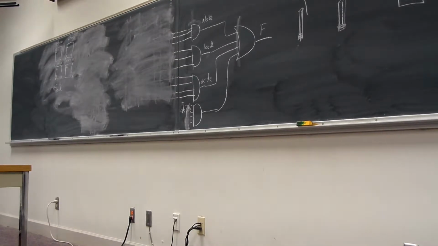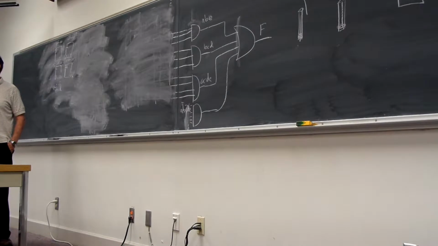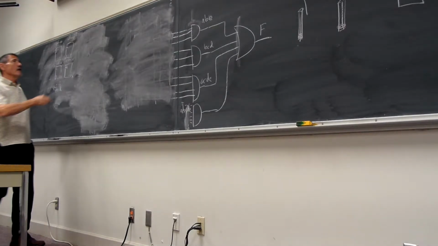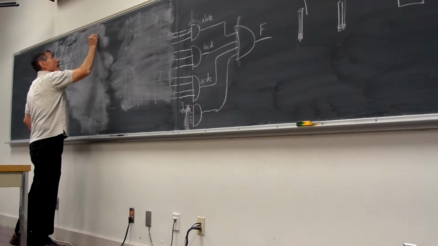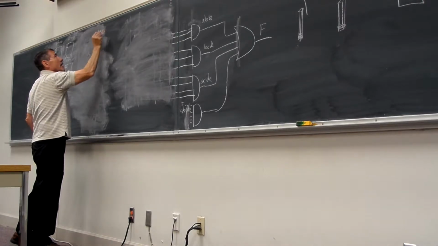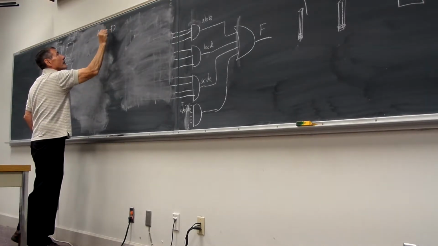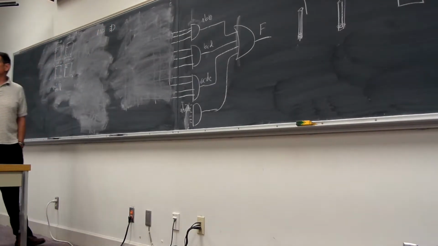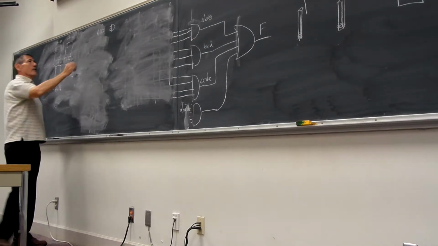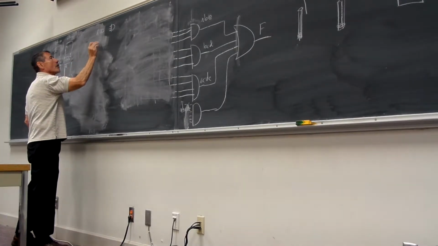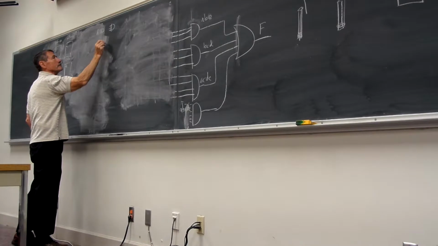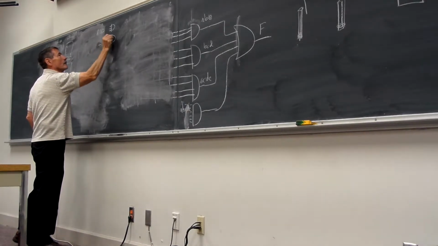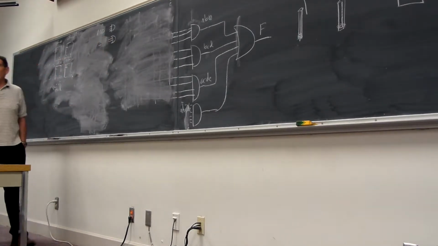So our gates were typically not NOT gates. I mean, they were NAND and NOR gates. So a 3-input AND gate looks like that. A 3-input OR gate looks like that.